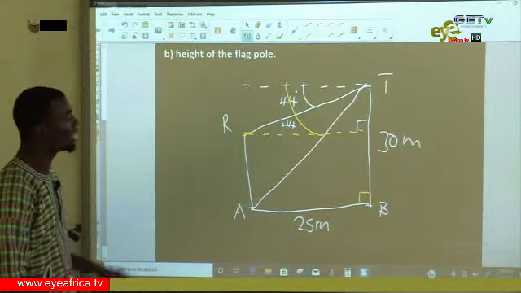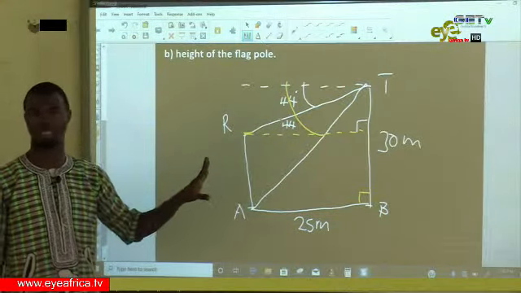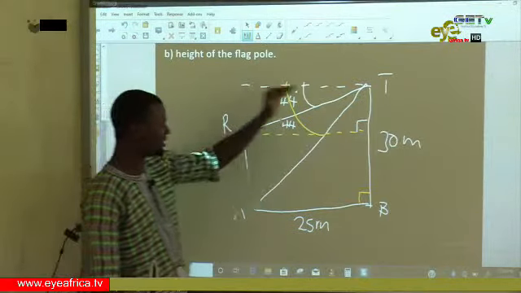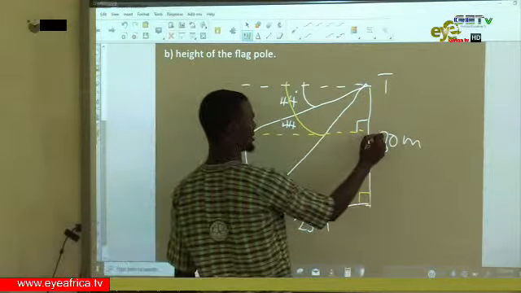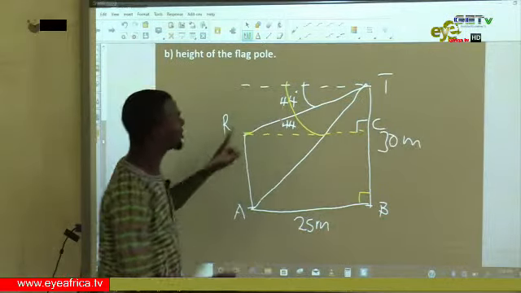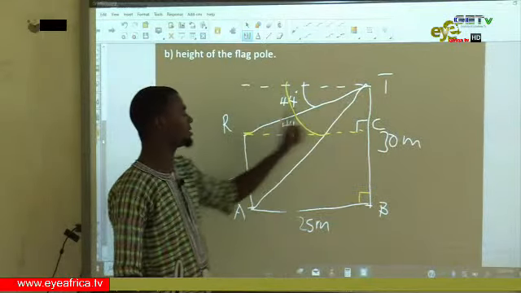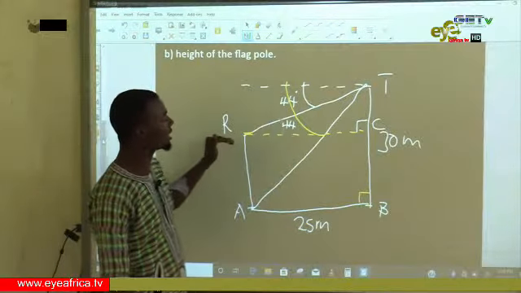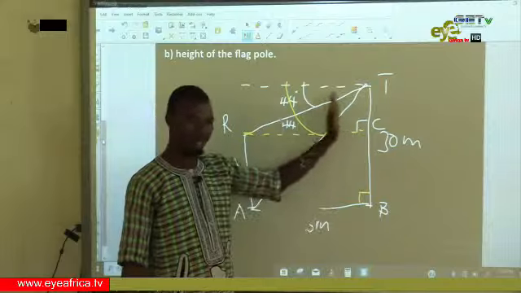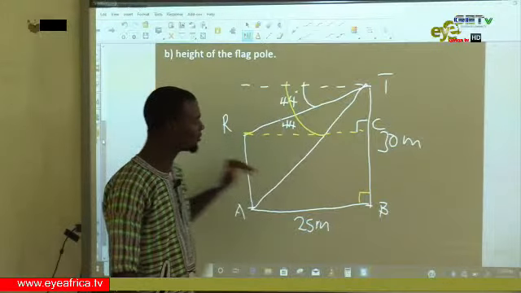Let's look at that. We have right angle triangles in the diagram. We have right angle triangle RTC. Let's say C here. That is the horizontal line from the top of the pole to the building.